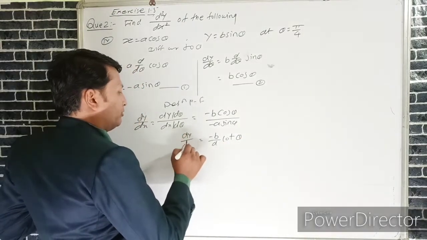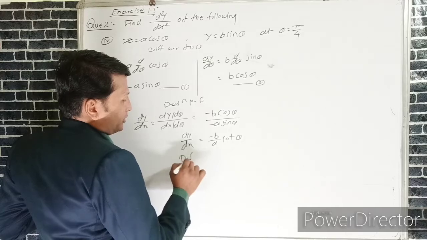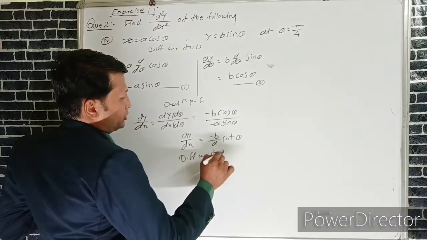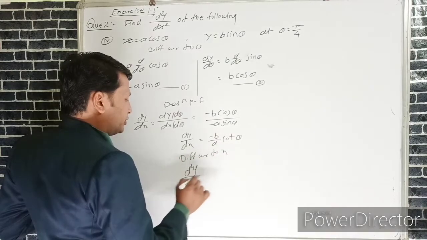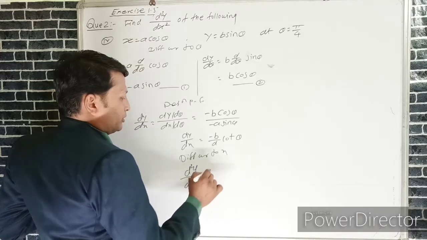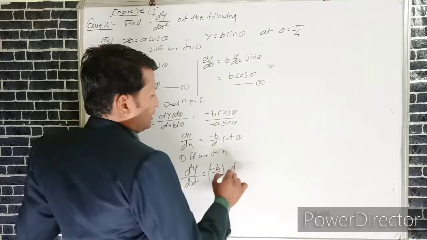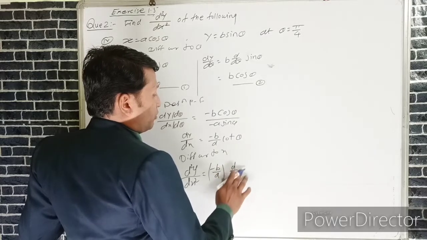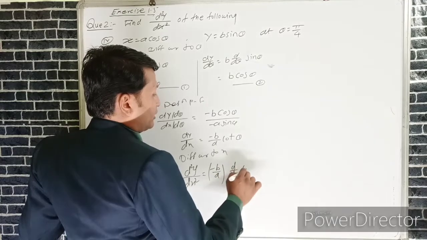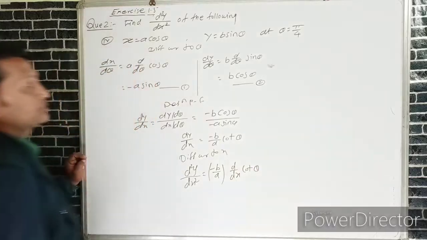But we have to find the second order derivative, hence we again differentiate with respect to x. We can write the second order derivative d2y upon dx square as minus b upon a, which is constant, and we take again the derivative of cot theta with respect to x.